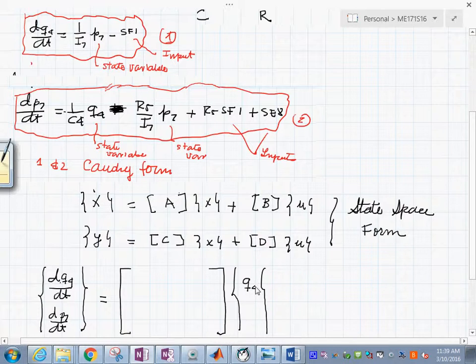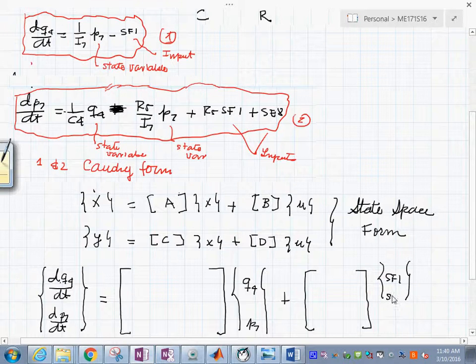If you are still a little puzzled, multiply this row by this column, multiply this row by this column, and you should obtain this equation. So you see 0 times q sub 4, it's not there. 1 over I7 times p sub 7, yes, that. And then minus 1 times SF1, that's this.